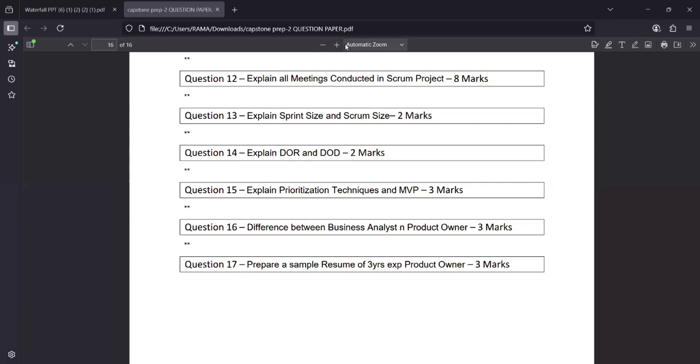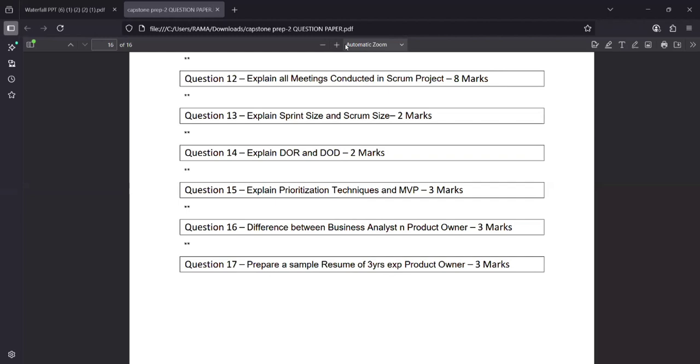The 16th question is the difference between a business analyst and a product owner. What is the primary role of the product owner? He owns the product vision and decides what to build.